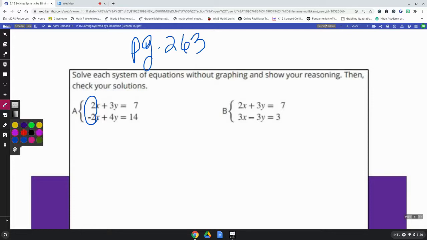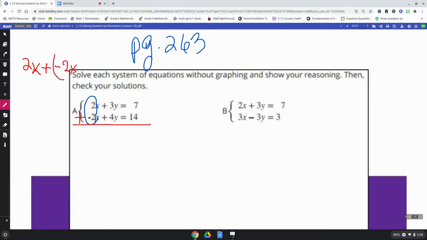So if I want 0 x's, I'm going to have to add, because 2x plus negative 2x gives me 0, and that's what I need. I can't subtract, because if I subtract, I have 2x minus negative 2x, and that's 4x.